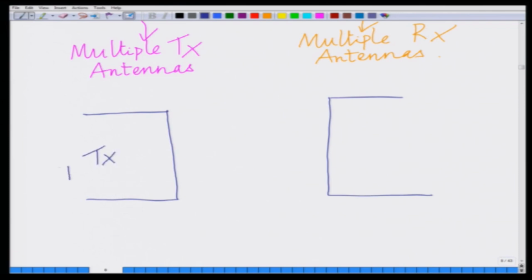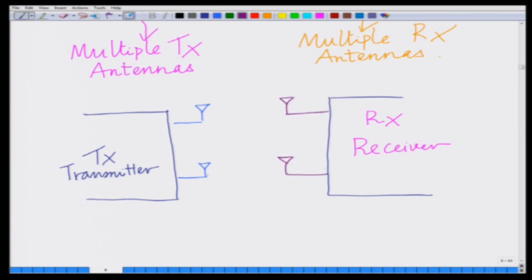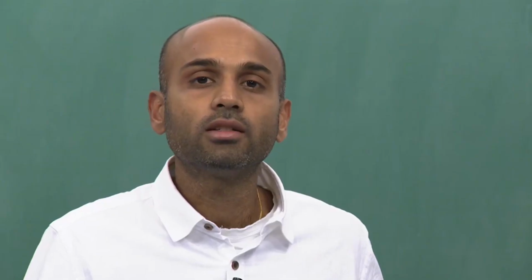This is my TX, that is transmitter, this is the RX, that is the receiver, and this has, to consider a simple example, 2 transmit antennas and also 2 receive antennas.